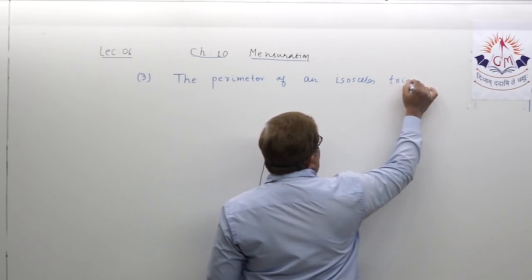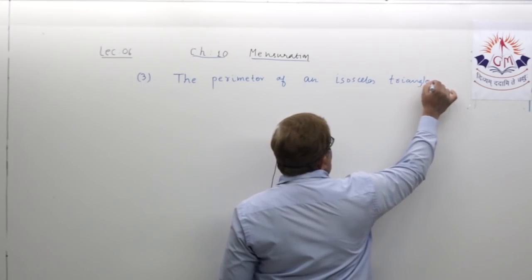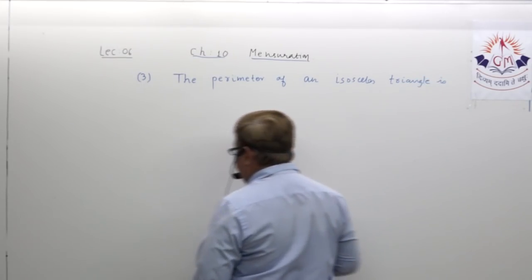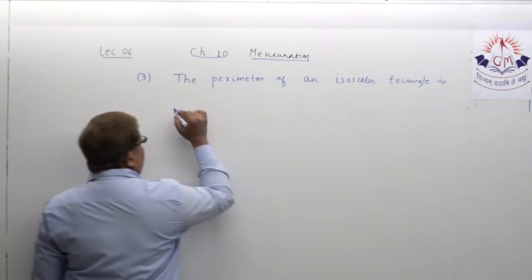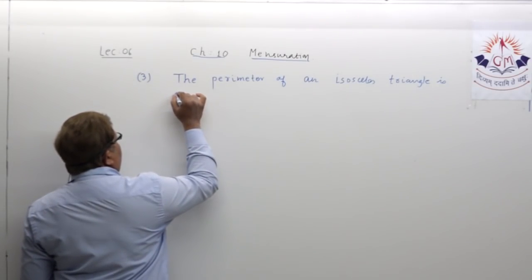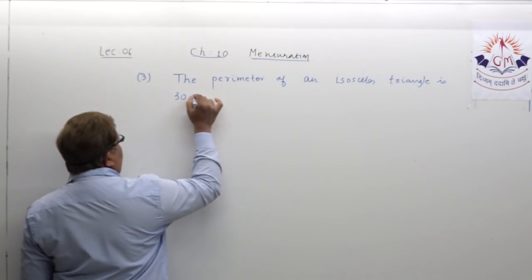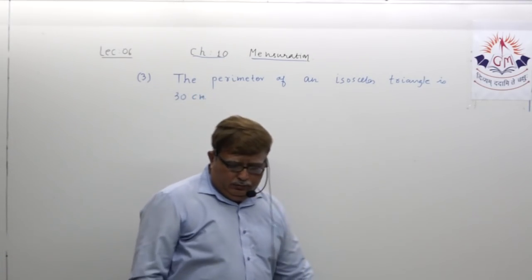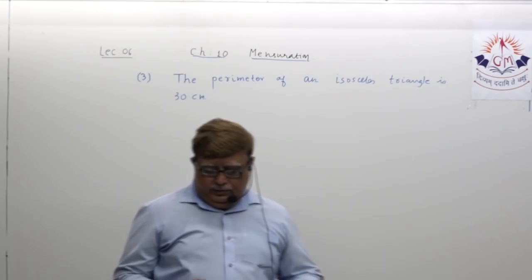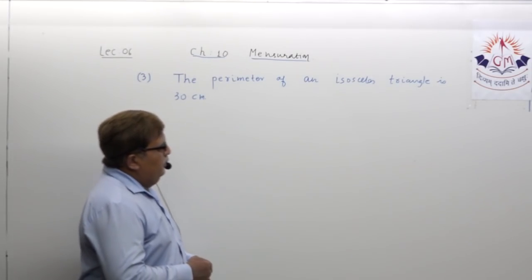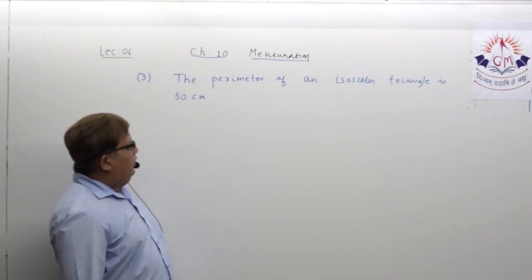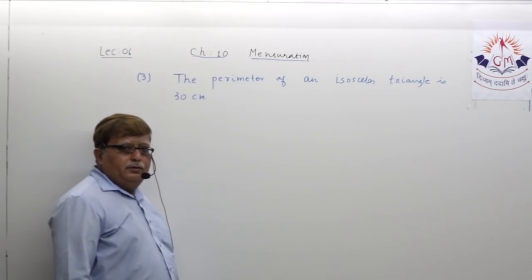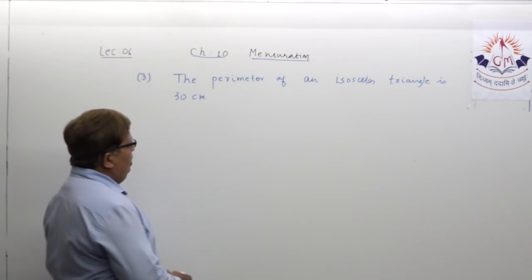Perimeter of an isosceles triangle is 30 centimeter. This is given. You are already given the perimeter of an isosceles triangle as 30 centimeter.